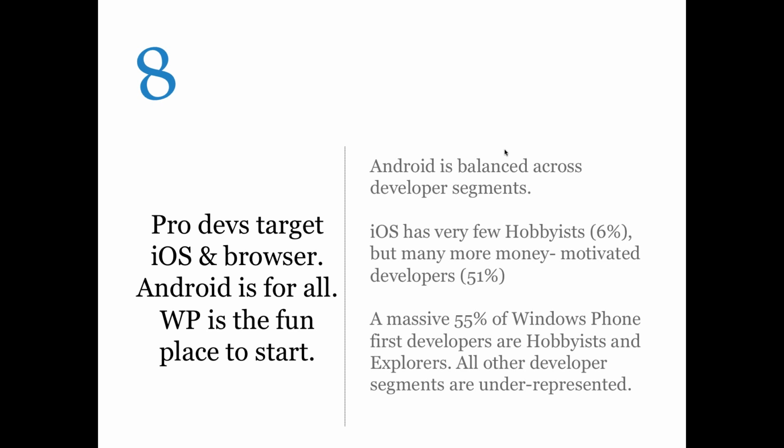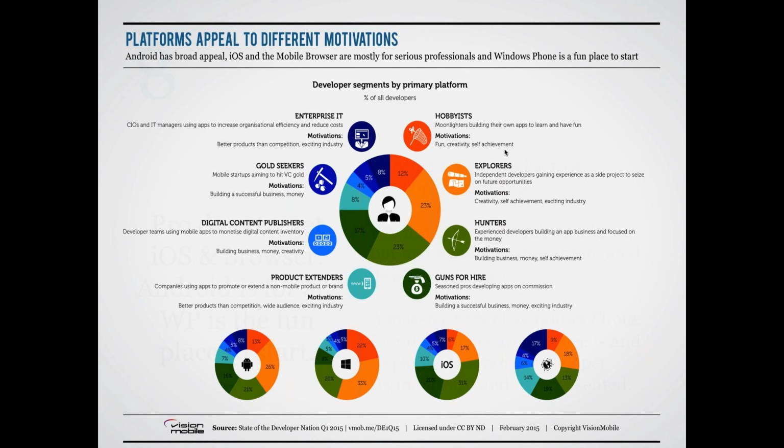And a massive 55% of Windows Phone first developers are hobbyists and explorers. And if you look at the Windows Phone store, you actually see that reflected in the type of apps that are there. But in short, these are the 8 types of segments. We've described them in our reports again and again.